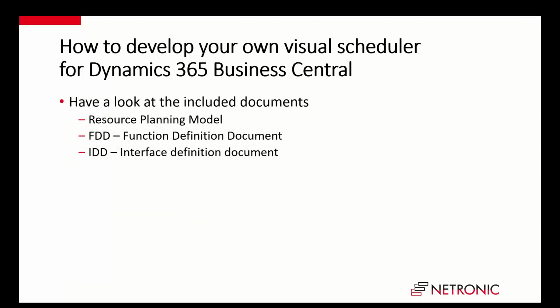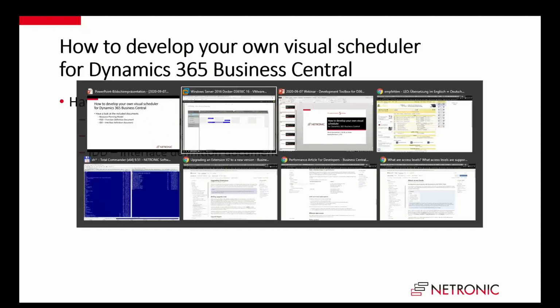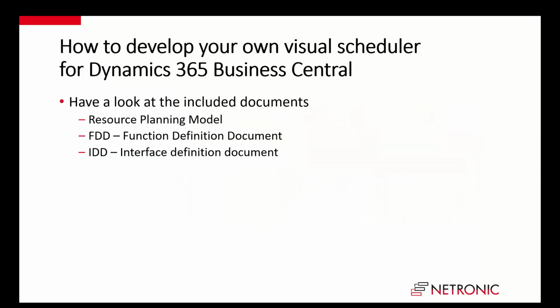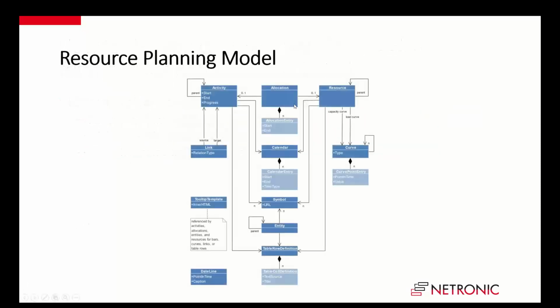So when you download this control-let-in, we have 3 supporting documents, and these are important. Maybe I just go on the next slide. So this is the overall model I was talking about now with all the objects.